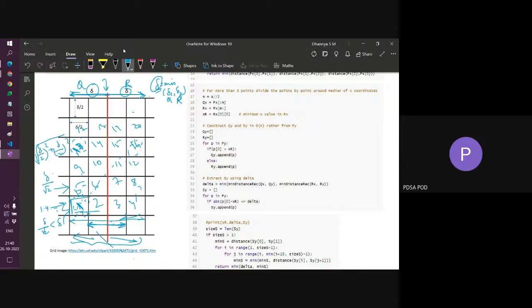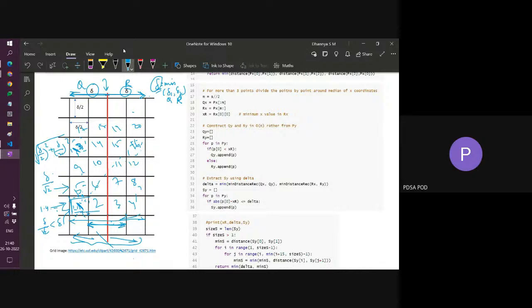So the idea that we are trying to put across is that you are not comparing with any random n number. It is not a function of n, it is a constant, so you are able to reduce it to an n squared factor. That is what I'm trying to arrive at. You only have to compare with a constant number of points or something smaller than that.